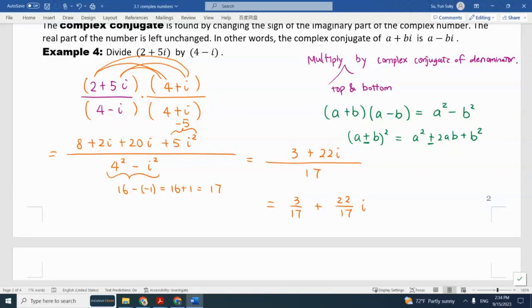Multiply the top by the complex conjugate of the denominator, because we want to get rid of the i in the denominator. We know there will be i in the numerator, so the numerator is okay, but the denominator we don't want to see.